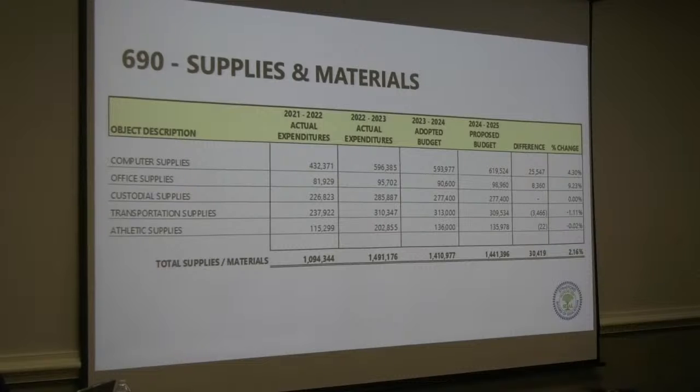This is on page 119, by the way. And the transportation supply account reflects a slight decrease, and that's due to the current bid price of fuel for our buses. We do have a locked-in price, but only through October 31st of 2024.